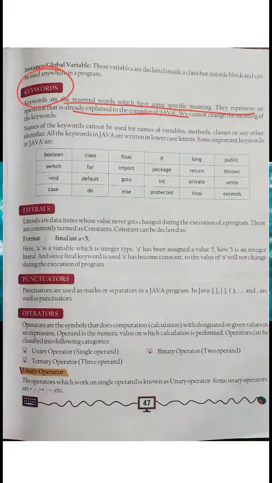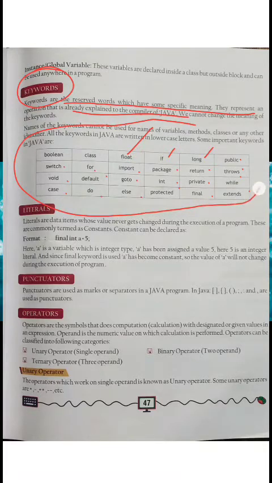Some of the popular keywords of the Java programming language are: boolean, class, float, if, long, public, switch, for, import, package, return, throws, void, case, default, do, goto, else, int, protected, private, final, while, extends. These are some of the keywords whose meanings are specific.